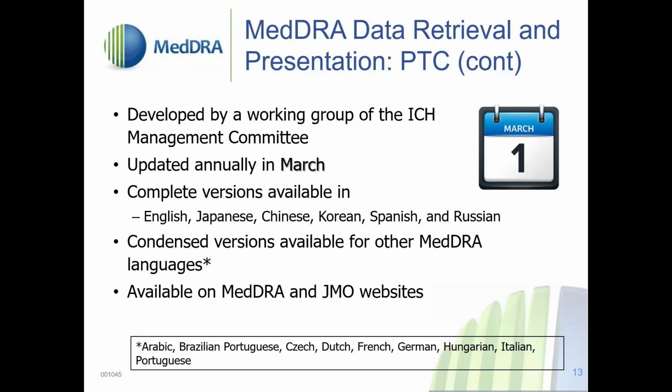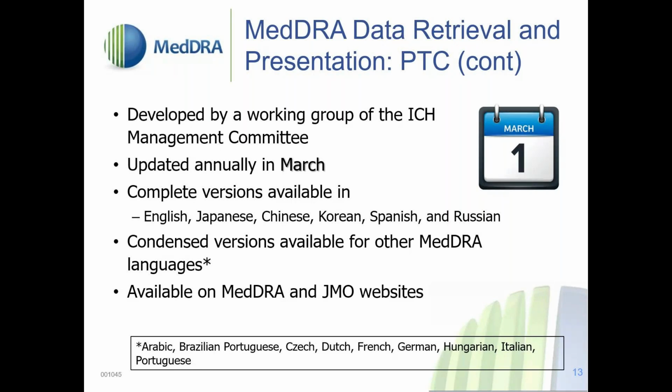In addition, there are condensed shorter versions of this full document in several other MedDRA languages. And these are Arabic, Brazilian Portuguese, Czech, Dutch, French, German, Hungarian, Italian, and Portuguese. These condensed versions focus on general data retrieval and presentation principles without going into further detail for selected topic. These are not updated with each MedDRA release, but only on an as-needed basis.